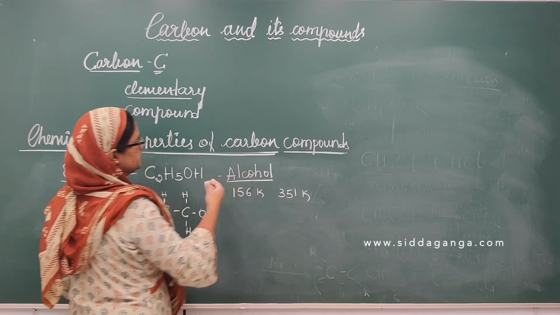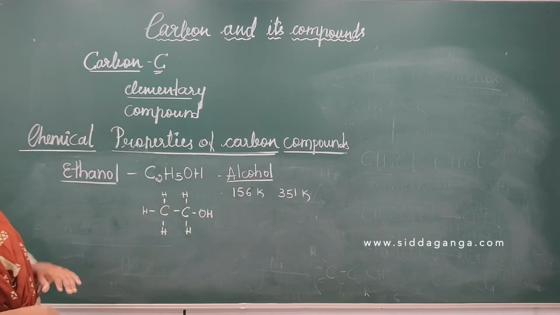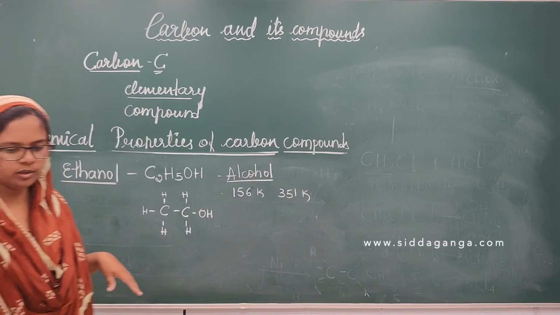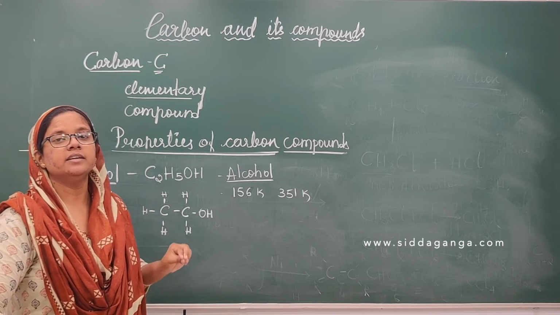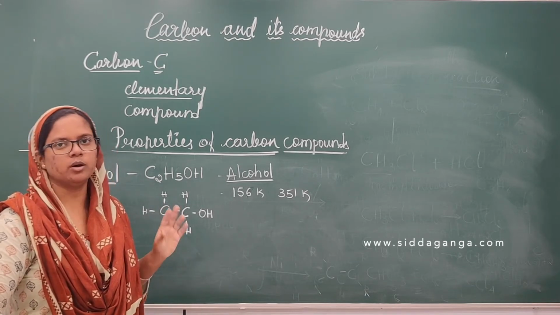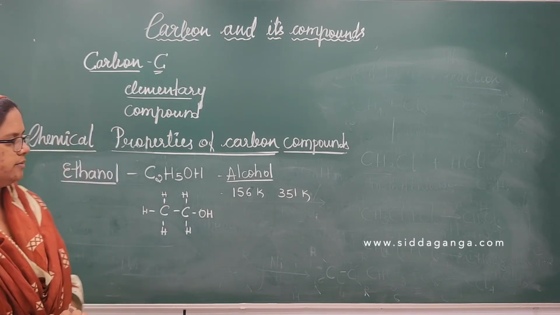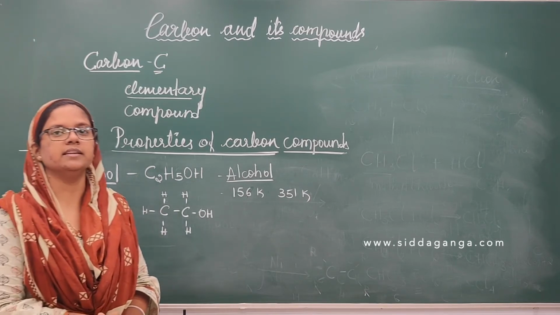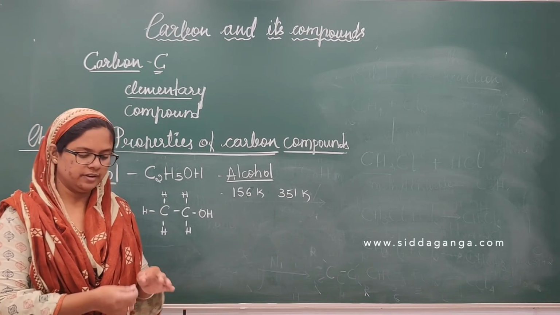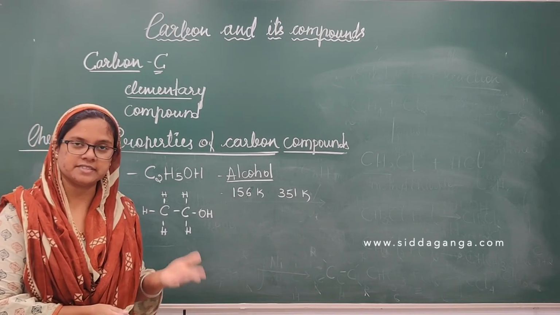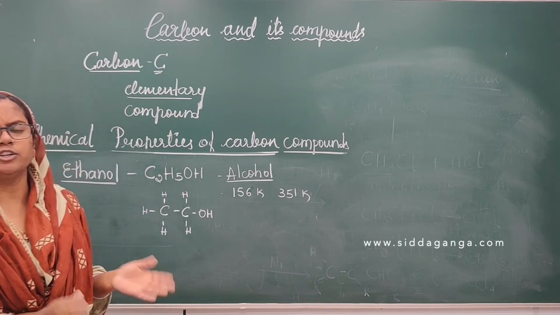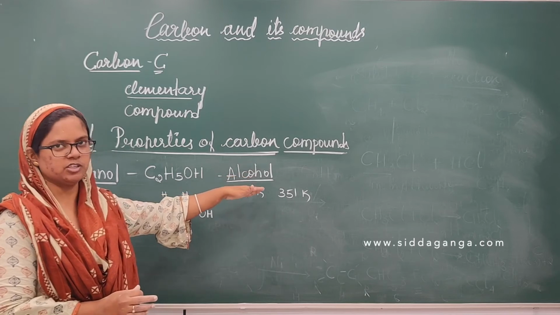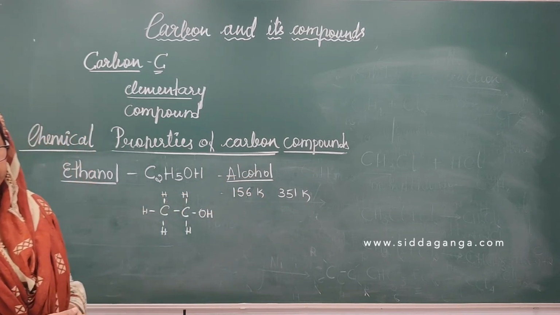So this is the general physical property of alcohol. Alcohol is an active solvent for most organic compounds. For that purpose, we use this in the preparation of tincture iodine, cough syrups, and many other tonics, as it's a very good solvent.